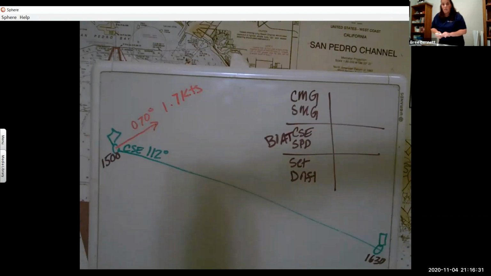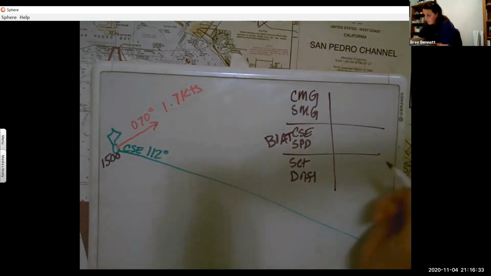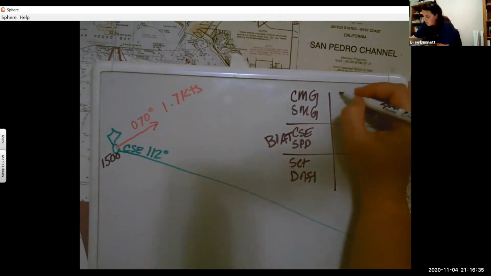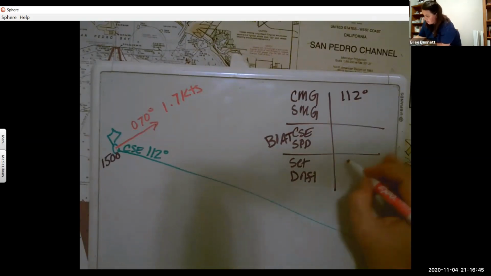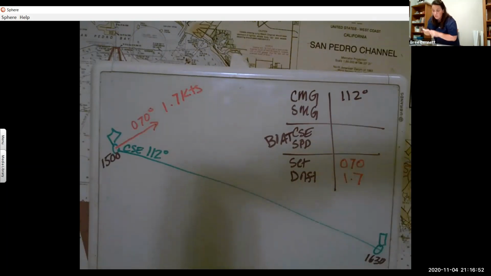Okay. So I know my made good course I want to make good is 112. So this green line is my made good line. I have a set, my pink line here, 070 at 1.7. And my boat is what I'm trying to figure out.